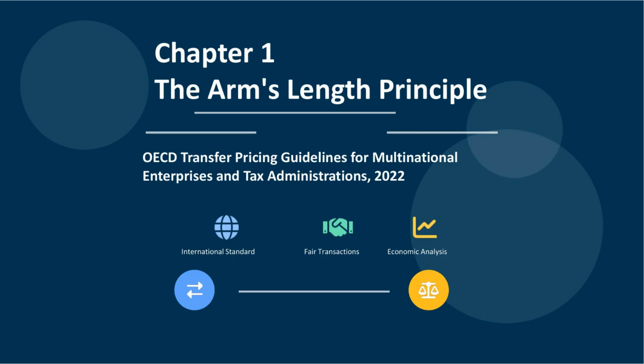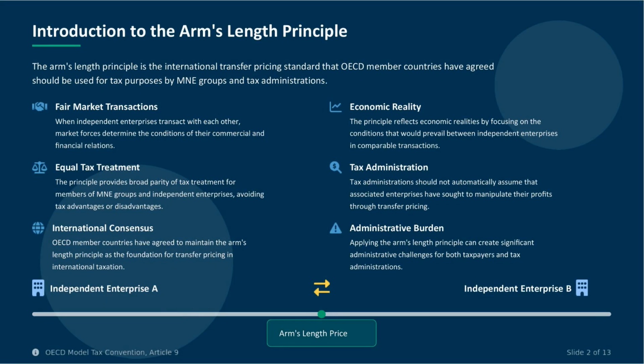So, let's begin. The arm's length principle is the cornerstone of international transfer pricing, ensuring fair market transactions between multinational enterprises and independent entities. It aligns with Organisation for Economic Co-operation and Development guidelines, promoting equal tax treatment and reflecting economic realities. This principle helps prevent profit manipulation, though it poses administrative challenges for both taxpayers and tax administrations.